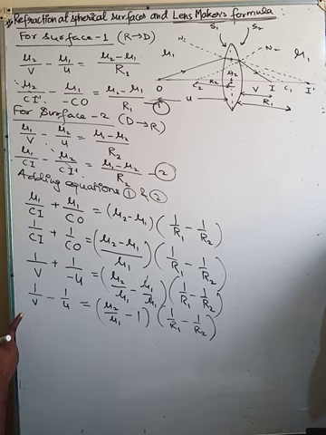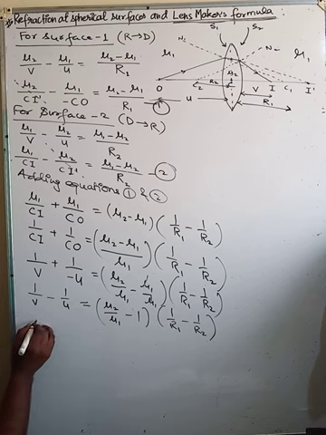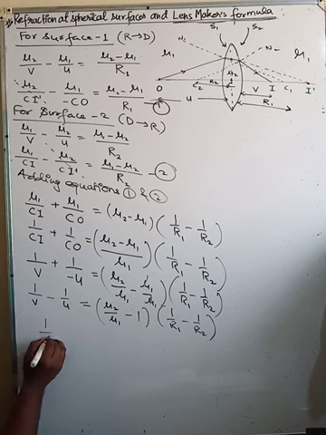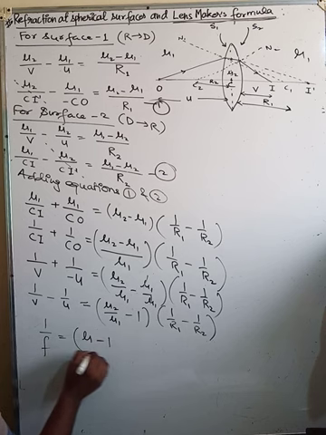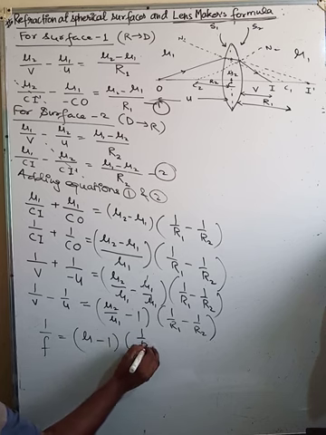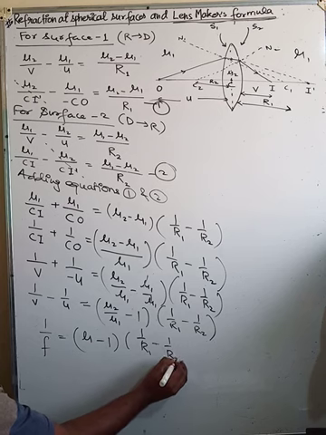From the lens formula, already you know 1 upon V minus 1 upon U is equal to 1 upon F. So here we can write 1 upon F is equal to mu2 upon mu1 written as mu, minus 1, times 1 upon R1 minus 1 upon R2.